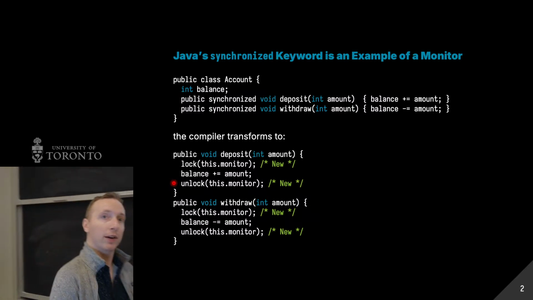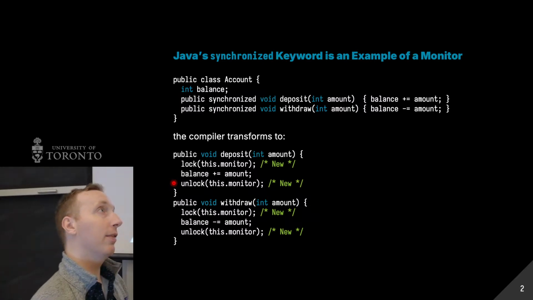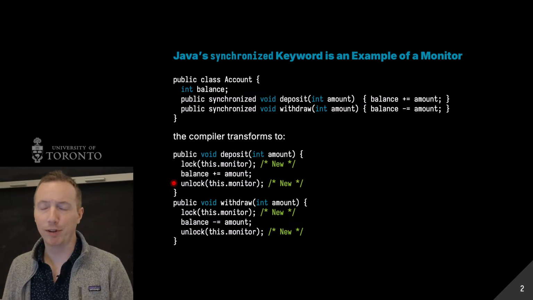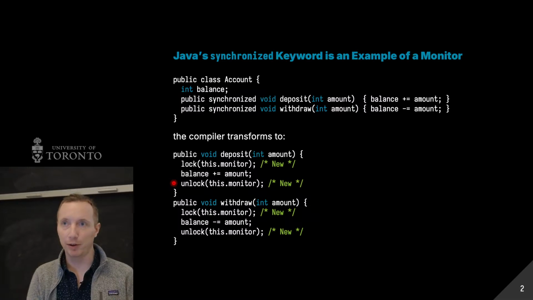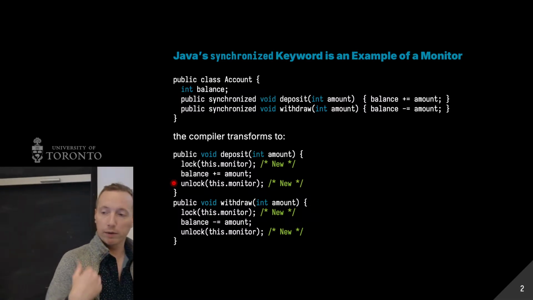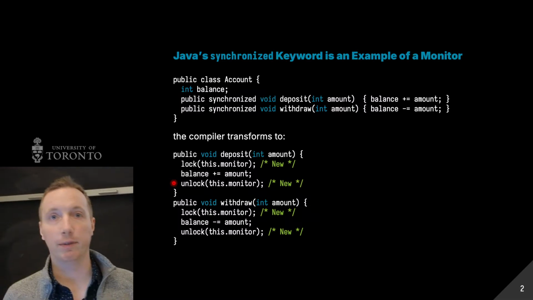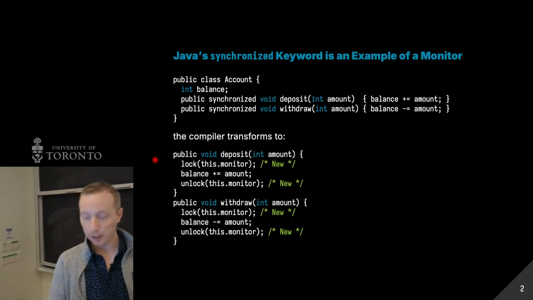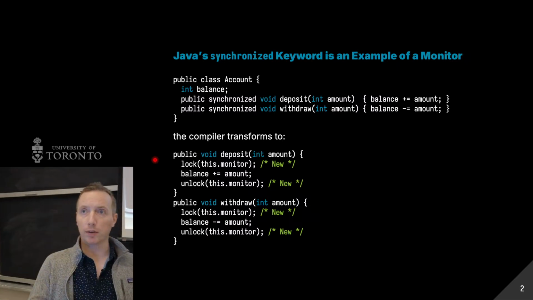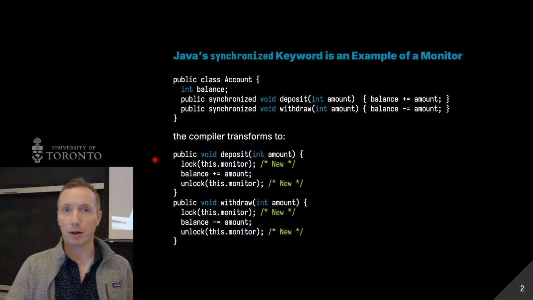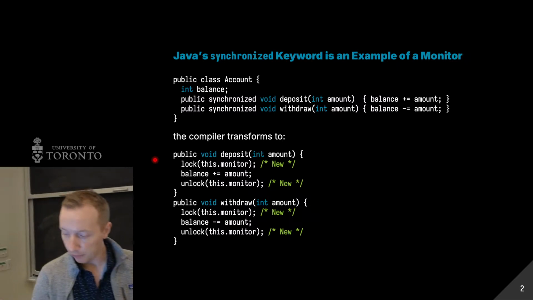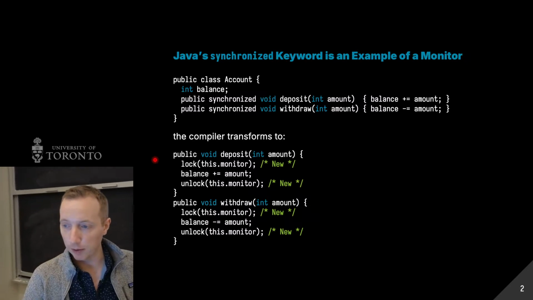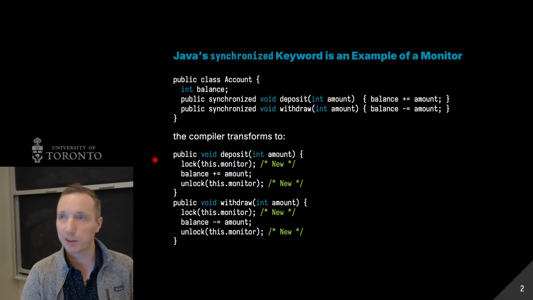But of course, the more things you mark as synchronized, the slower your program goes because it serializes. You can only have one of each method per object going at any given time. This is basically what it does, and it just uses a single lock. There's no using multiple locks or anything like that. So this is what Java will do. It might come up in other things, but basically it just uses a mutex.